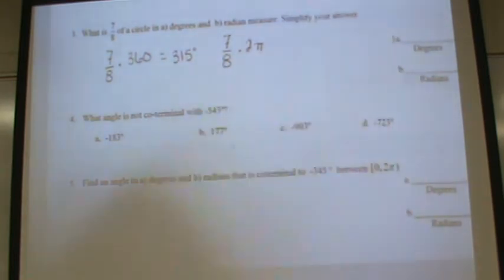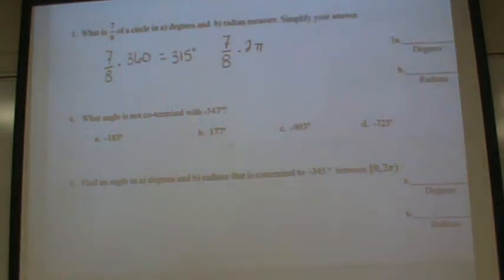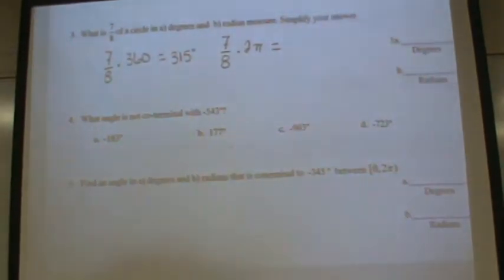For 7/8 in radians, you're going to take the 7/8 and you're going to multiply by 2 pi, because 2 pi is a complete circle in radians. And you'll get 7 pi over 4.